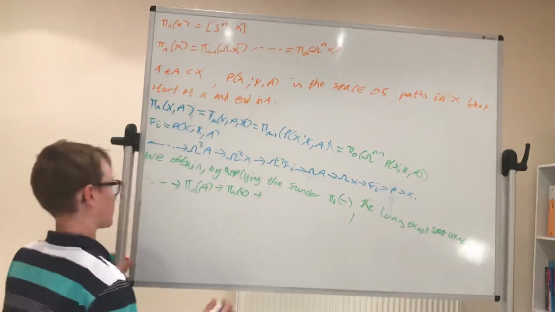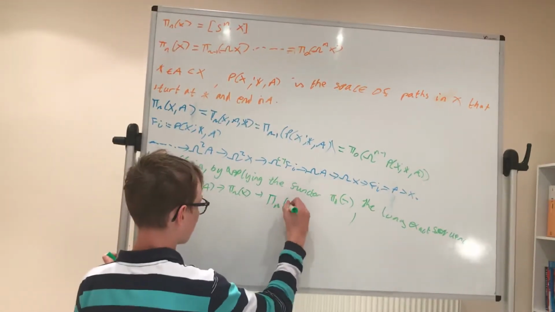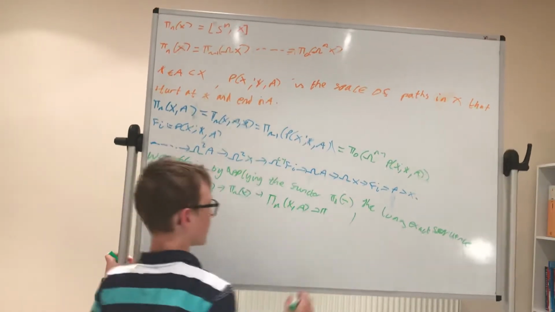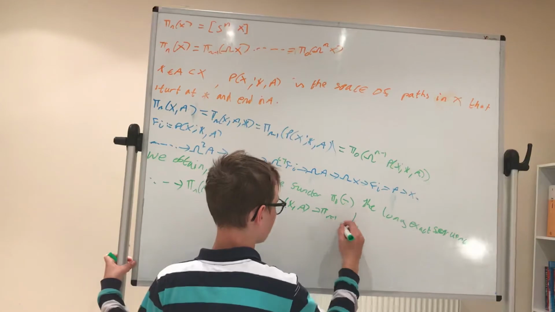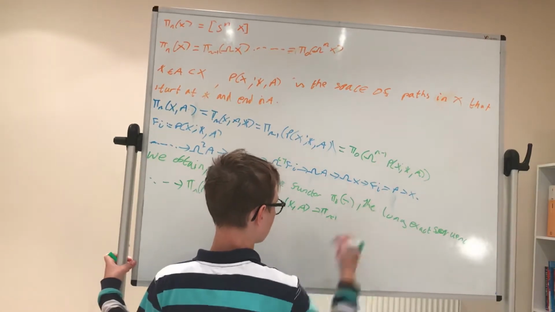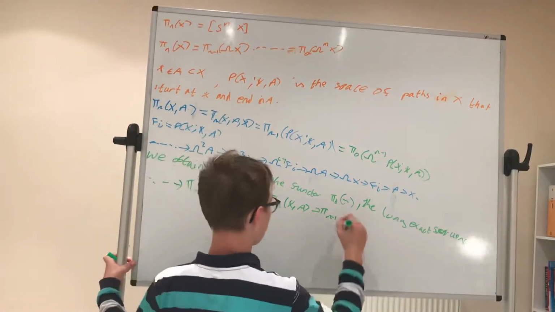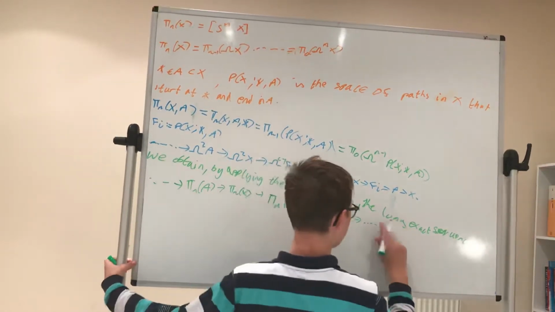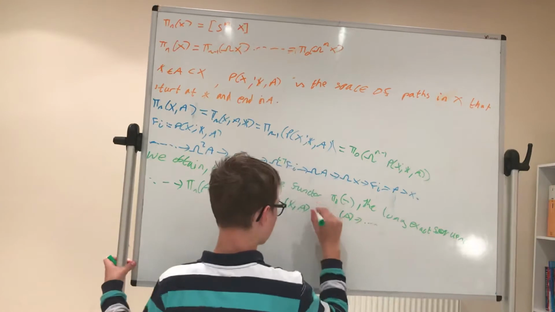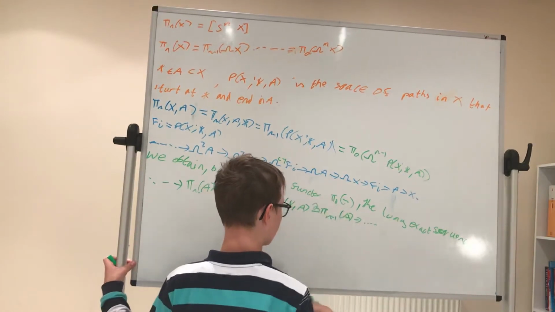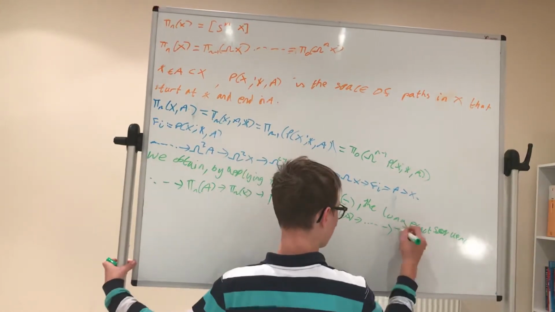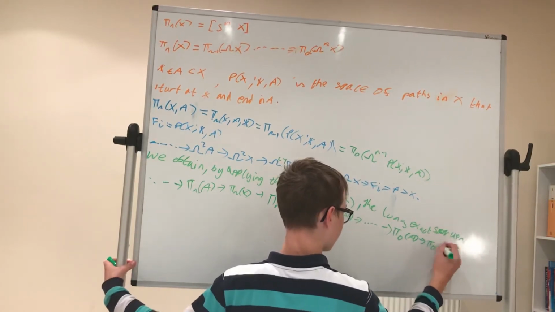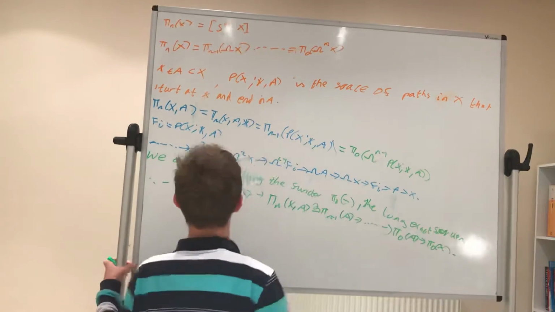So then we're going to go to pi n of x, a, and then we're going to go down to pi n minus 1 of a. So on up until pi, sorry, and this goes via del, and I'll define del in a second, and this goes all the way up until pi 0 of a, and then we're going to have pi 0 of x. Alright?